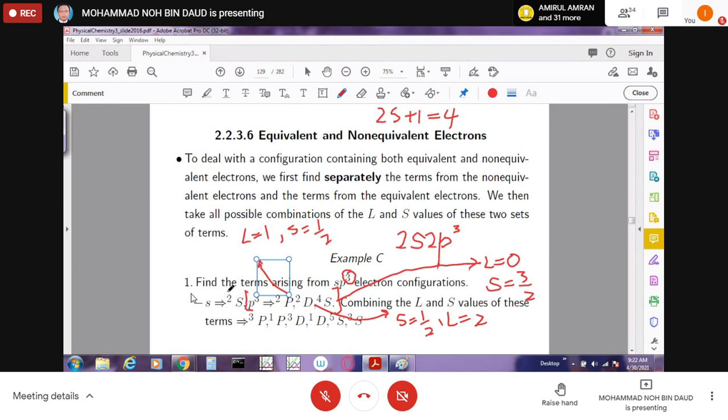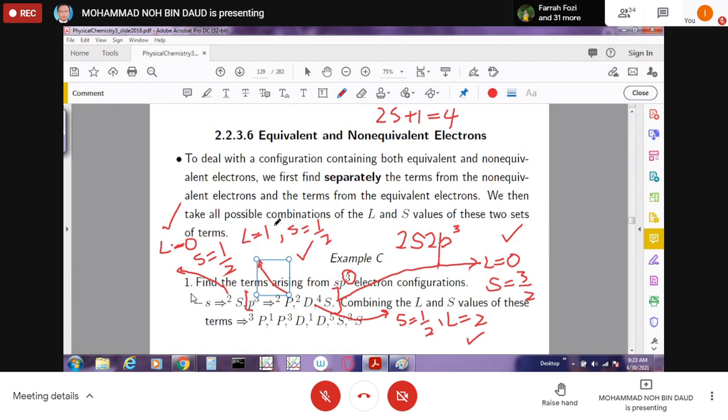So from here, this we know. L is 0. S is half. So you can combine all the quantum numbers here using angular momentum addition rules.